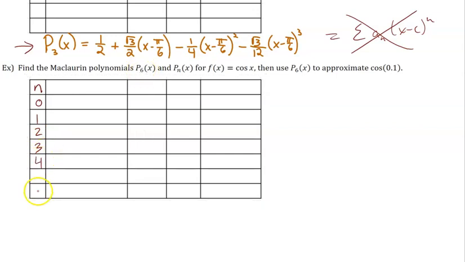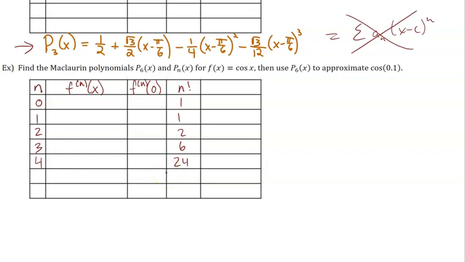I might not need to go to 6 here. Let's see what happens with the pattern. And then the nth derivative of x, and then the nth derivative at the center, which is 0 because it's a Maclaurin series. You can put a c there or a 0, doesn't matter. And then n factorial, which is 1, 1, 2, 6, 24. We'll see how far we need to go there.